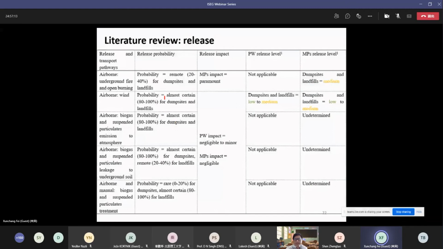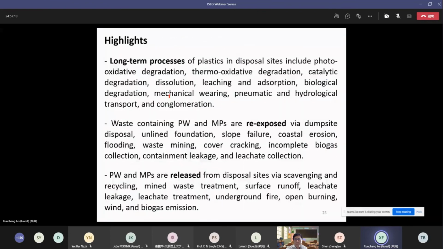All right, just to quickly summarize what I have talked about here. Again, this is a pretty high-level introductory and qualitative analysis of the plastic waste and landfills. I briefly talked about the potential long-term processes that are going to happen to plastic waste in the landfills.